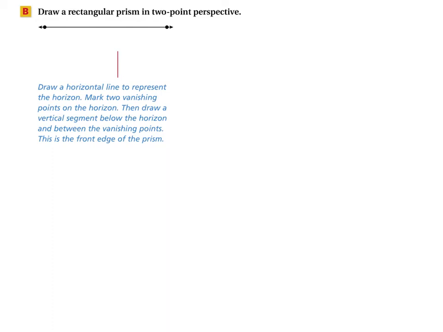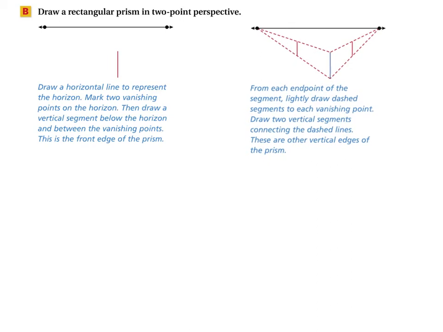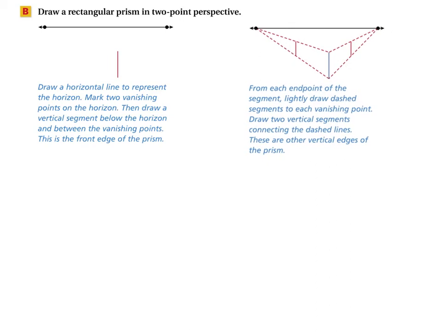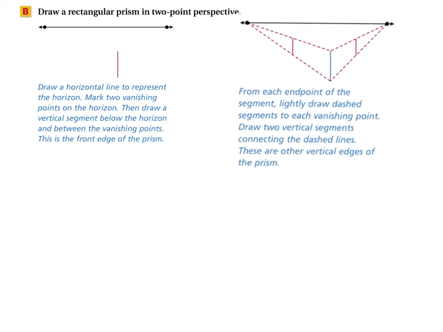Step 2. From each endpoint, lightly draw dashed segments from each end of the segment that you drew. And then somewhere in there, we're going to draw these other segments.